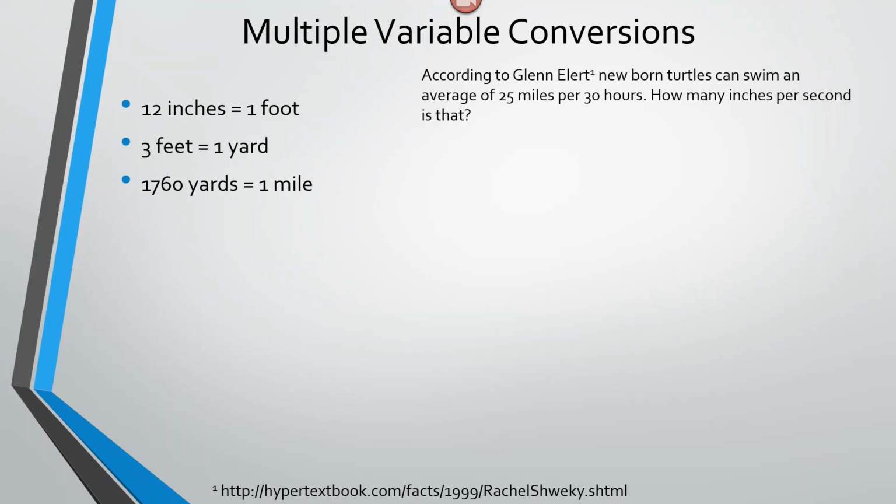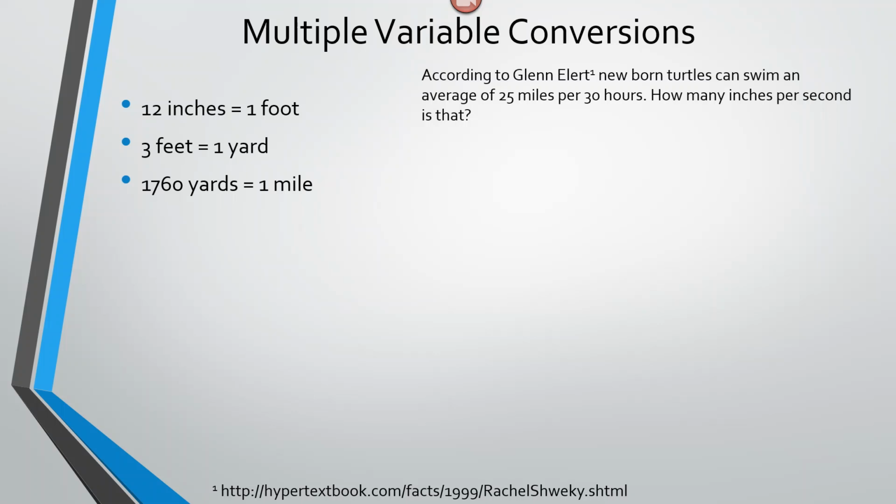So let's look at distance. So we have a couple of equalities here. We have 12 inches equals 1 foot, 3 feet equals a yard, and 1,760 yards equals 1 mile. So we can get from inches all the way to miles if we need to. And of course, we already know the time conversions as well.